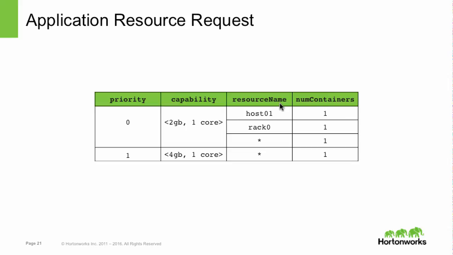That's where maybe the copies of the replicas of that particular block are. And in that part of the request, you'll even say, I'd prefer it to be these three, but I'll take anything, because you'd rather run than not run at all. Data locality is important, but it's not going to stop you from executing your job.